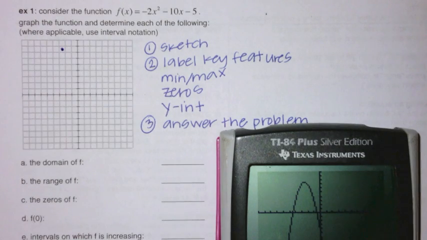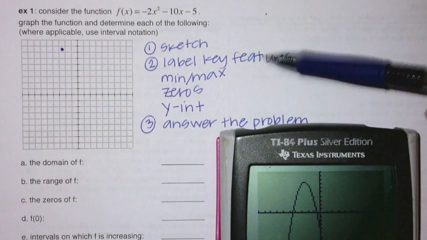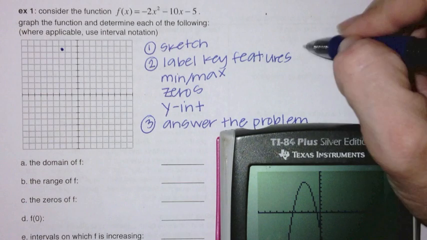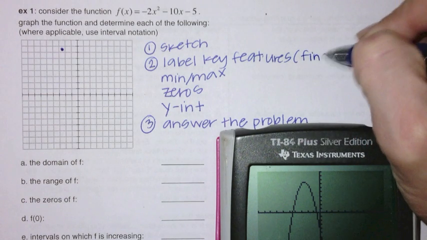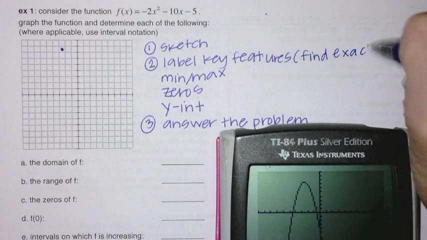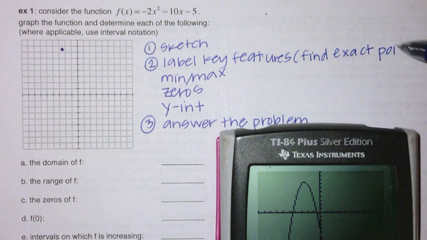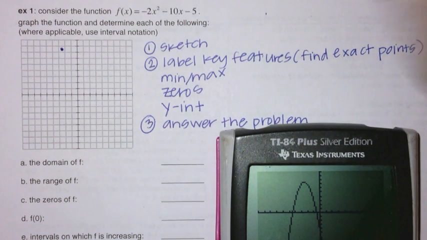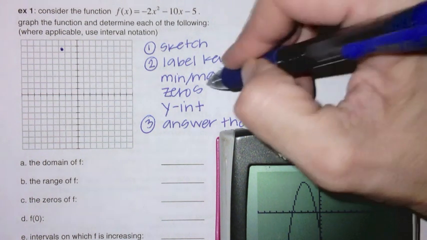I'm going to find that exact point. That's what this part is. Find the exact points. So maybe we need to write that. Find exact points. And I'm going to label them on my graph. But right now I'm just kind of picking. I need to find my zeros. So my zeros, another name for zeros is the x-intercepts.